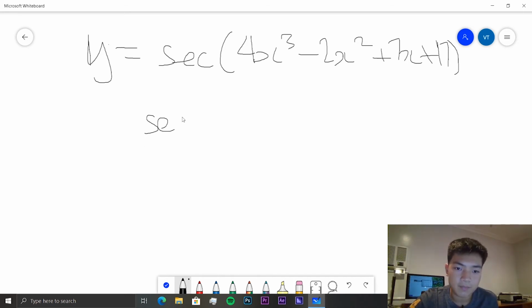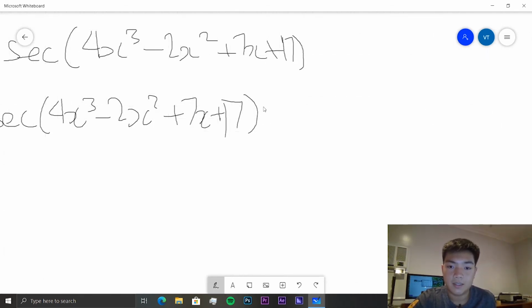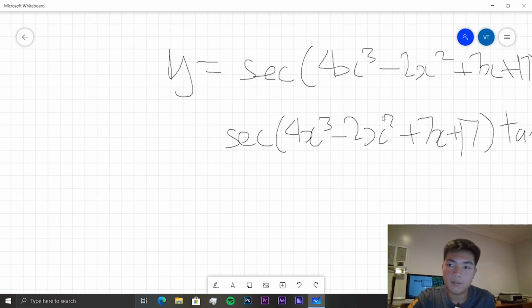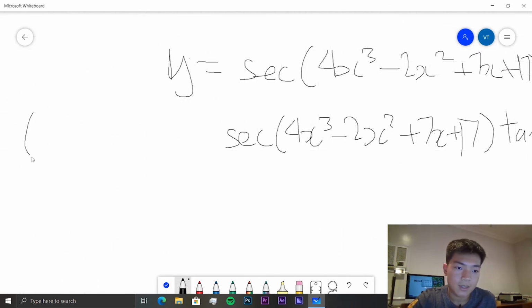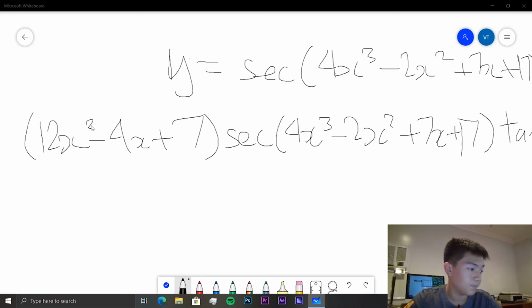So we have secant of 4x cubed minus 2x squared plus 7x plus 17 times the tangent of 4x cubed minus 2x squared plus 7x plus 17. And finally, we get the derivative of the stuff inside the brackets to end up with the correct final equation. The derivative of this inside is 12x squared minus 4x plus 7 times all of that. So that is the correct answer.